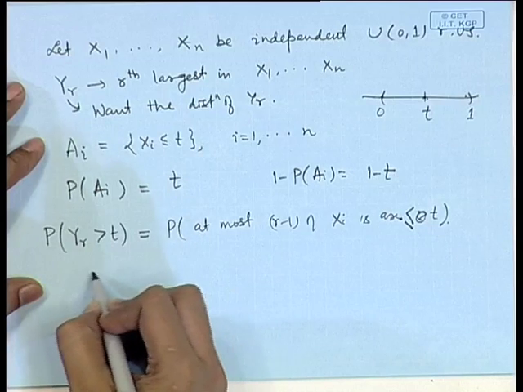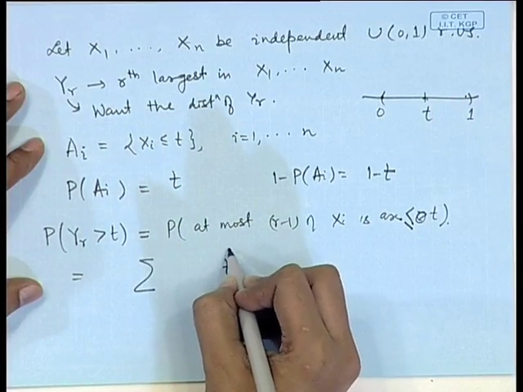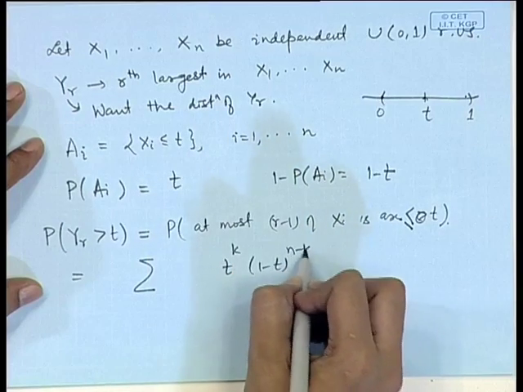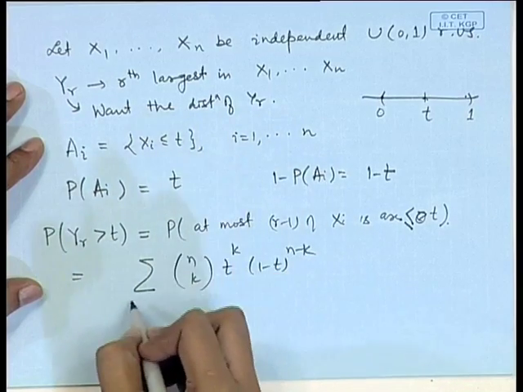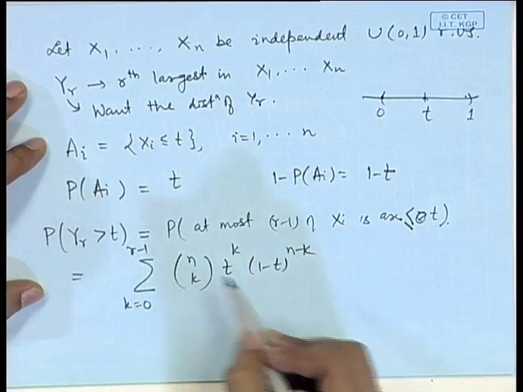So, this event is equivalent to the sum over k from 0 to r minus 1 of n choose k times t to the power k times (1 minus t) to the power n minus k. So, let us analyze this.